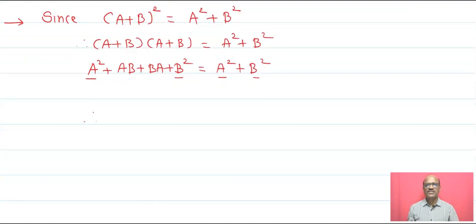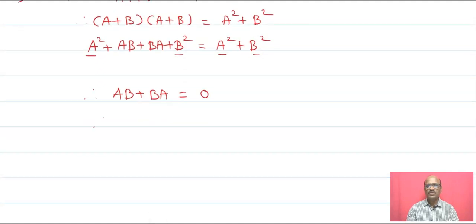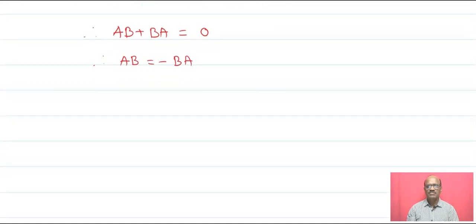Now cancellations, A square, B square on both sides get cancelled, that is AB plus BA is equal to 0. Normal multiplication is there, you can understand this, that is AB is equal to minus BA.